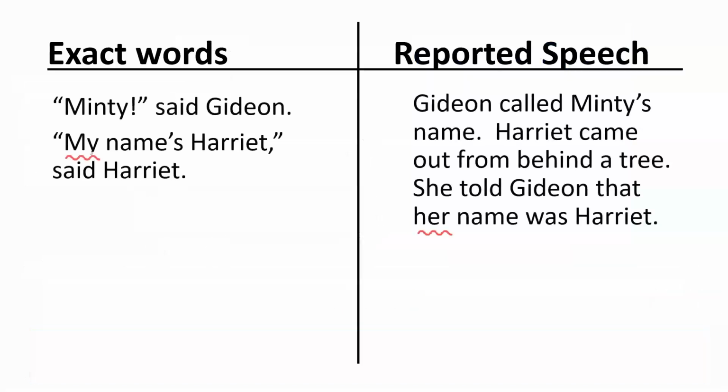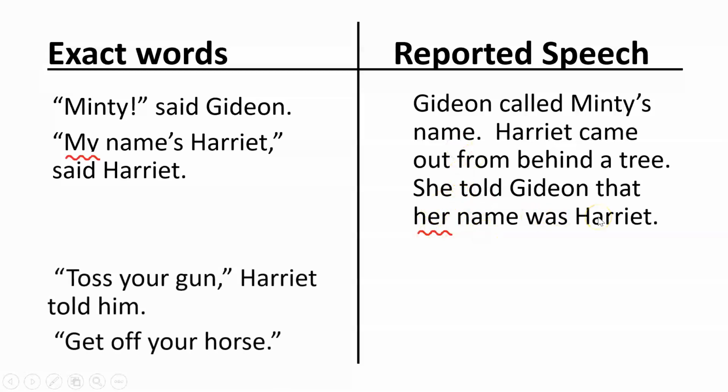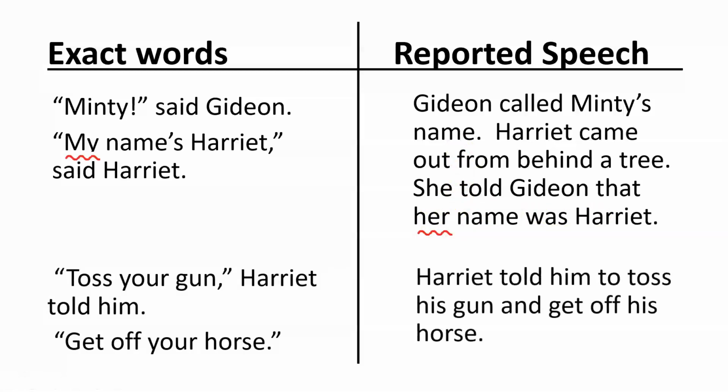So if I look at these two things side by side, can you see the possessive here? On the left, she said, "My name's Harriet." But on the right, because it's me talking, and I'm not Harriet, I'm going to say her name was Harriet. And again, in the story, the words that came out of her mouth were "toss your gun."